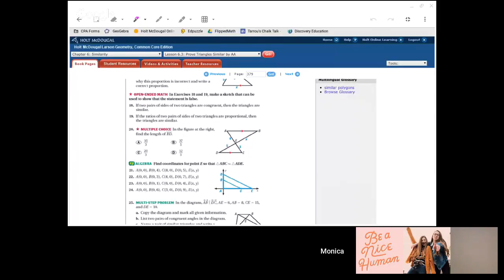Okay, so for 19, it says, if the ratios of two pairs of sides of two triangles are proportional, then can we prove that the triangles are similar? We need to figure out or draw a picture that will disprove that, right? So if I draw a triangle that looks like this, and say this is 3 and this is 5, and then I draw a triangle that looks like this, and this is 3 and this is 5.